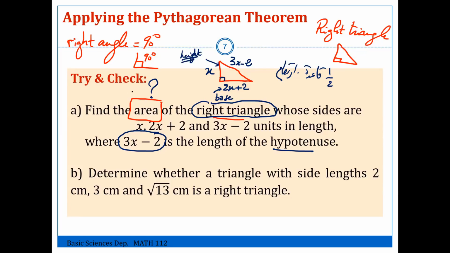Okay? Then the area in this example is half x times 2x plus 2. So in a right triangle, the area is half the product of the two other sides, not the hypotenuse. Is this law clear? The area. Doctor, if I swap them and write half of 2x plus 2 times x, does it work? Sure.